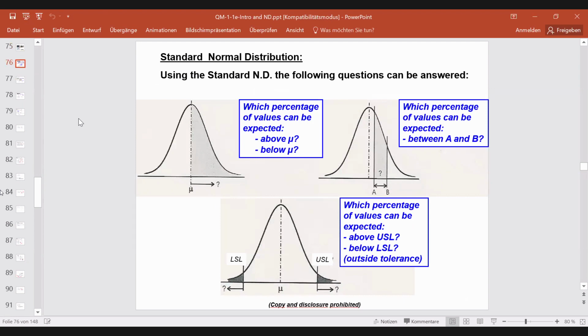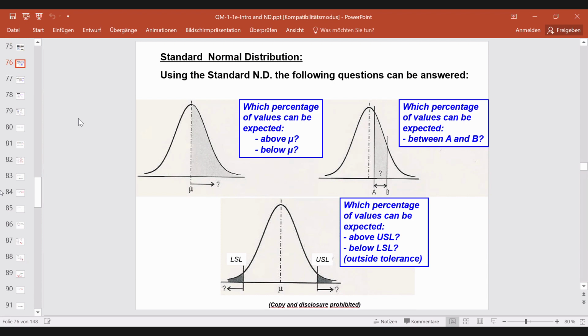Now, if you use the standard normal distribution, then you can define thresholds. You have a mean value, which is mu, and you have an upper and a lower specification limit, which is given by the customer.